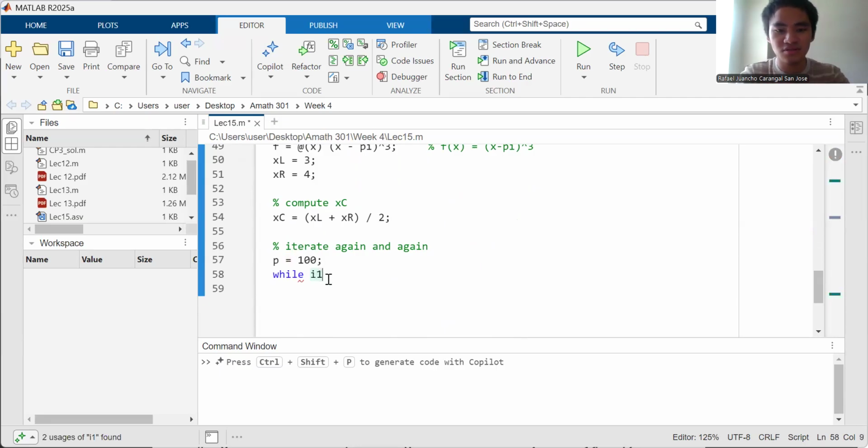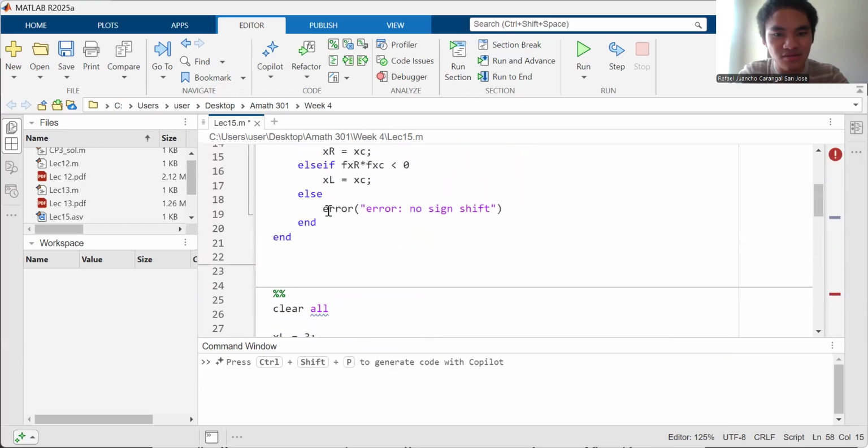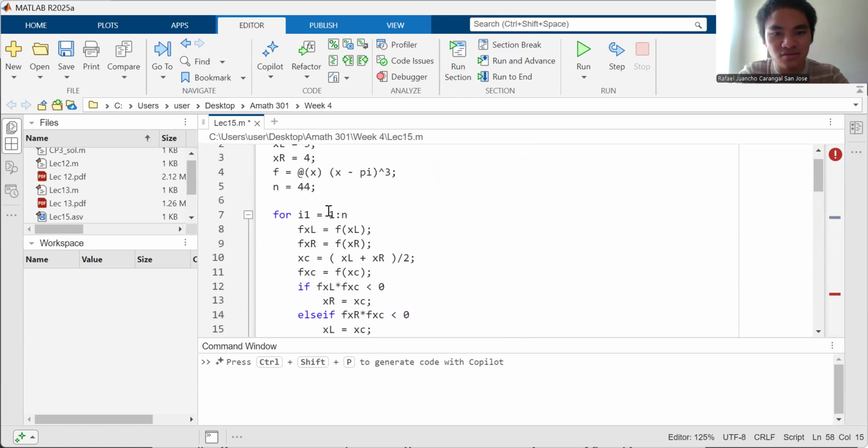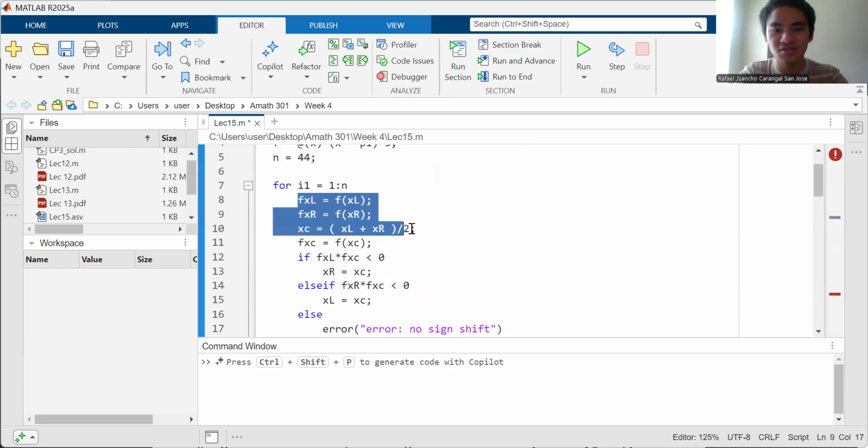I'm gonna do it from my index 1, starting from 1 all the way to P. I think that was how they did it. And then I put my functions here, my fxl and fxr, my xc, put that as well in that function, and then do my else.